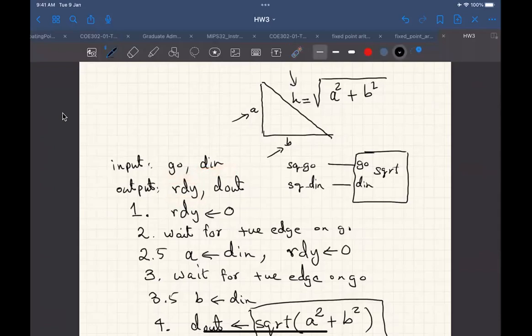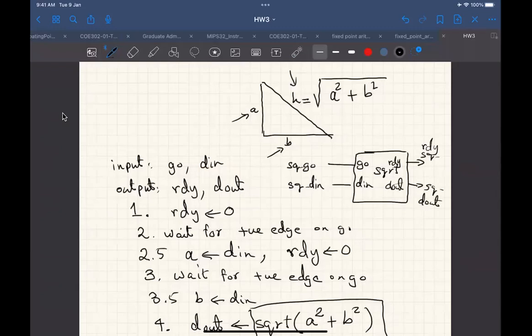Also, we'll have square root ready and square root d out. From inside, it is still ready and d out.